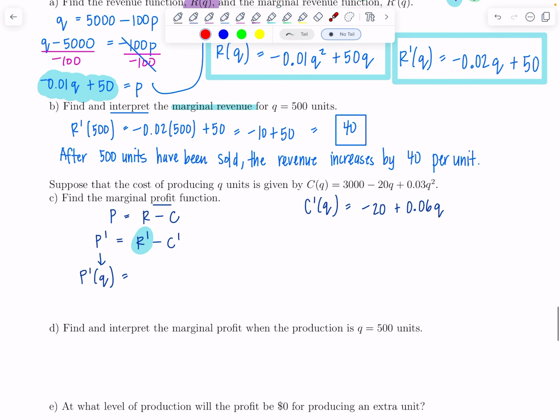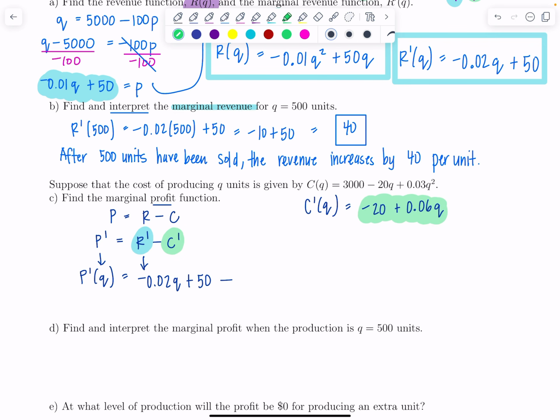Okay, so then P prime of Q equals R prime of Q, I have it right up here, remember? Negative 0.02 Q plus 50 minus, and then C prime, we just computed what C prime was. Put parentheses though, because you have to subtract the whole thing. So negative 20 plus 0.06 Q. Good?